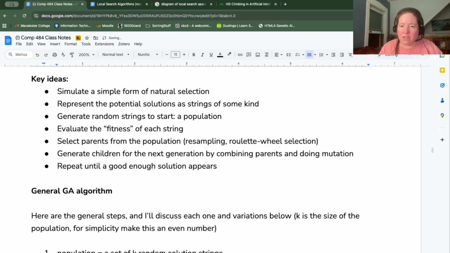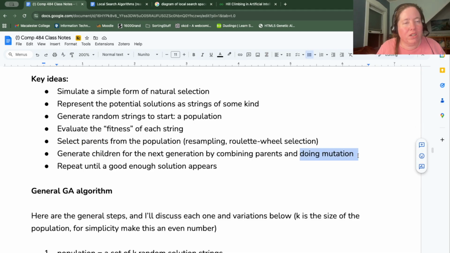We select parents from the population where the likelihood of being selected increases as the state or the string has a higher value. So we select high-performing parents from the population, and from those parents, we generate children.